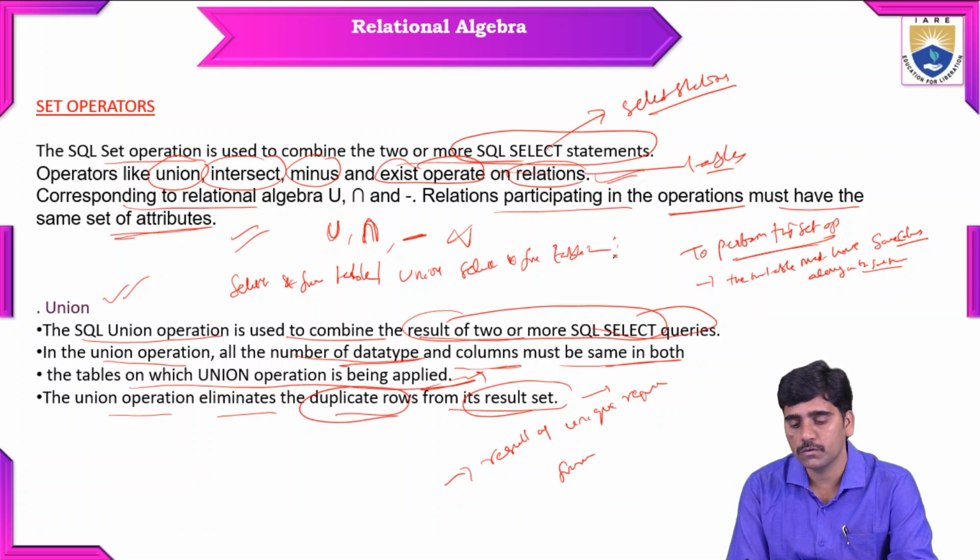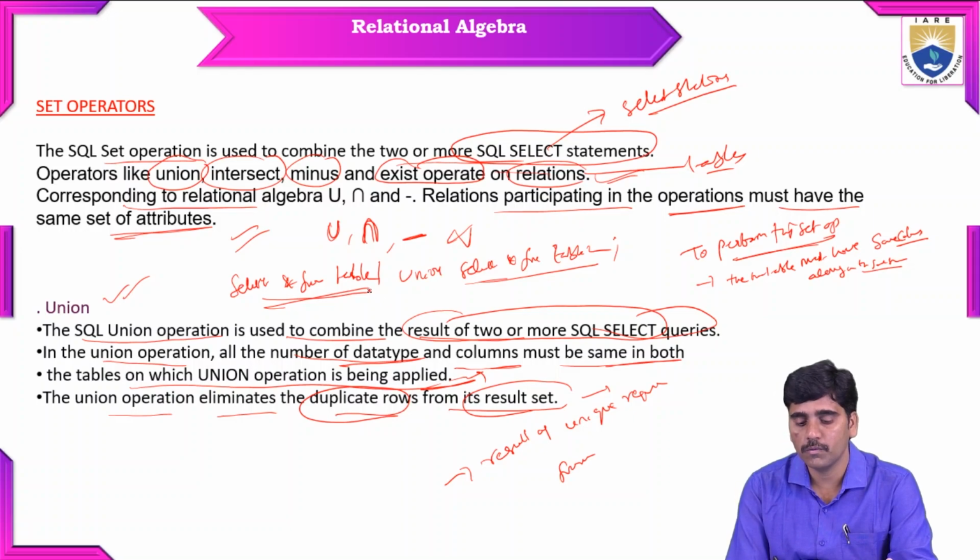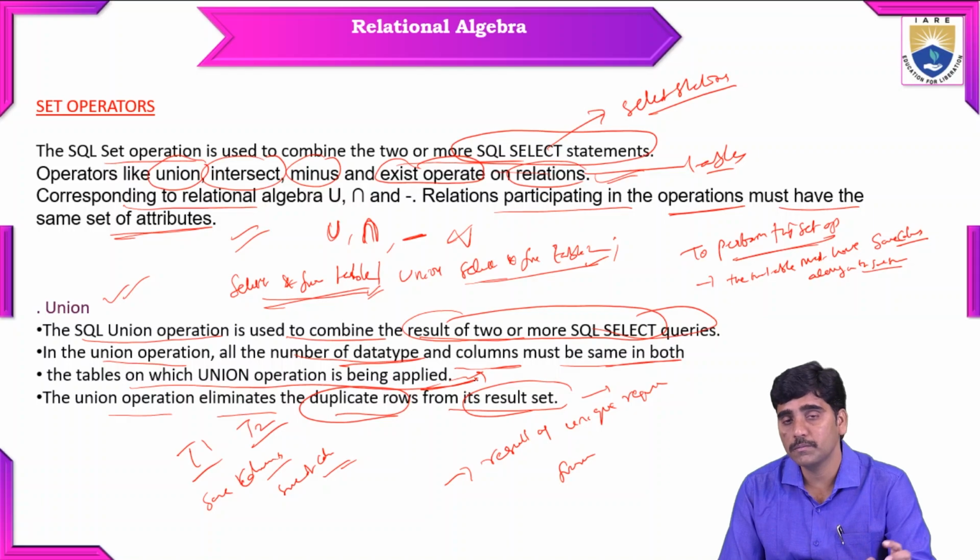If we want to perform these operations, the constraint is that tables T1 and T2 must have the same columns and the same column sizes. If they are not the same, then it cannot exist.